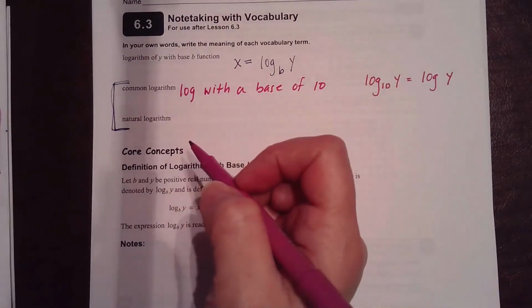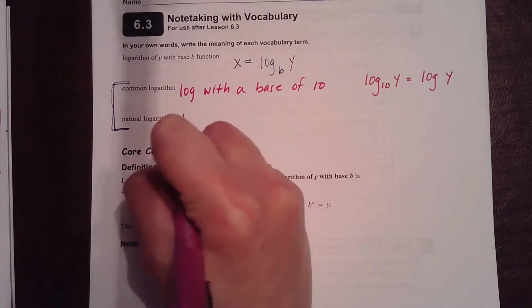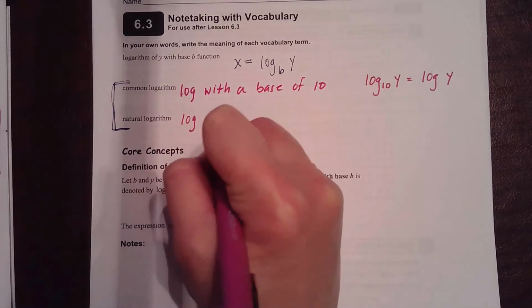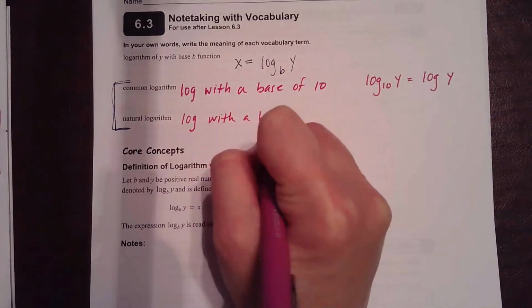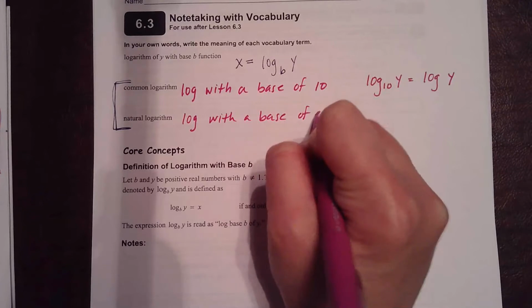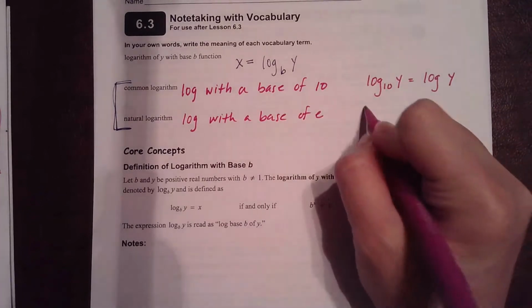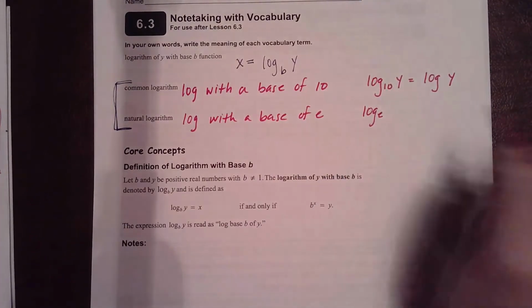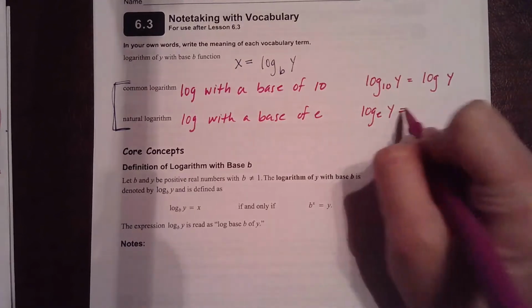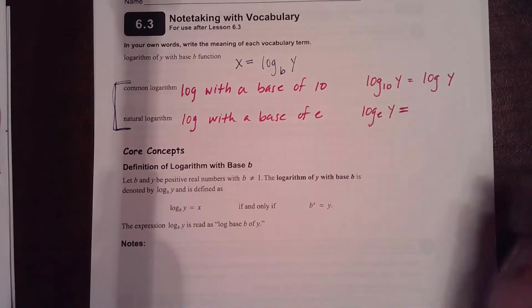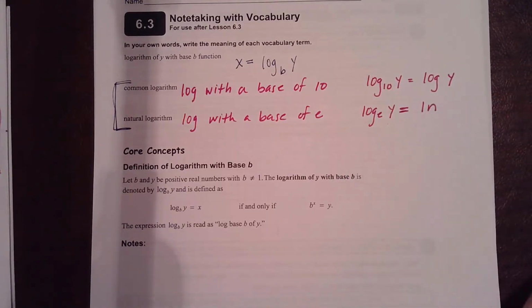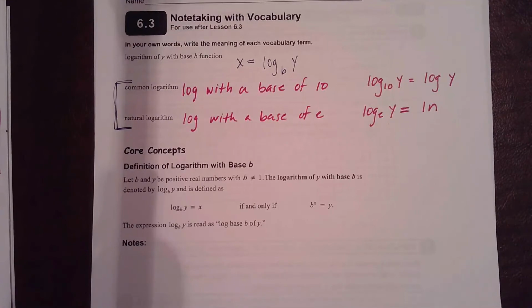The next one is a natural log, and this is a log with a base of e. We've talked about e being that irrational number, right? So rather than writing it log base e of y, we write it as something called a natural log, and the abbreviation is ln. It seems a little backwards, like it should be nl, but I don't make up the rules.